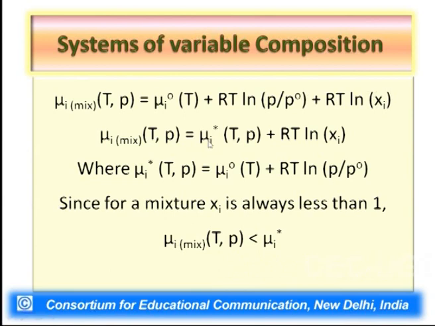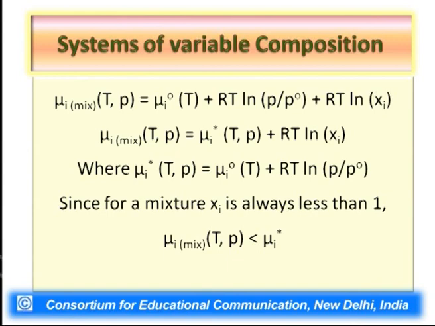So it is something like, from the chemical potential of a gas at temperature T and pressure P, the RT ln Xi factor gets subtracted, and this equals mu i mix. It shows that mu i mix, the chemical potential of a gas in a mixture at the same temperature and pressure, is always less than the chemical potential of that gas when it is present in its pure state.